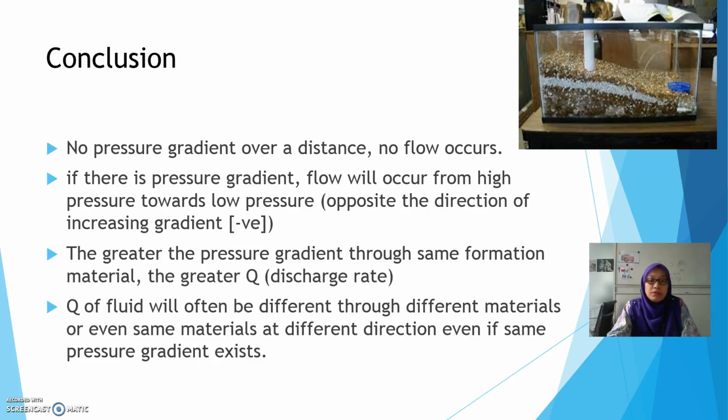You have to remember that in Darcy's equation or groundwater flow, we have to take into account first hydraulic conductivity, which is K. Then velocity: we have two types, Darcy velocity, VD, which includes the whole area, and seepage velocity, which is only the void's velocity.